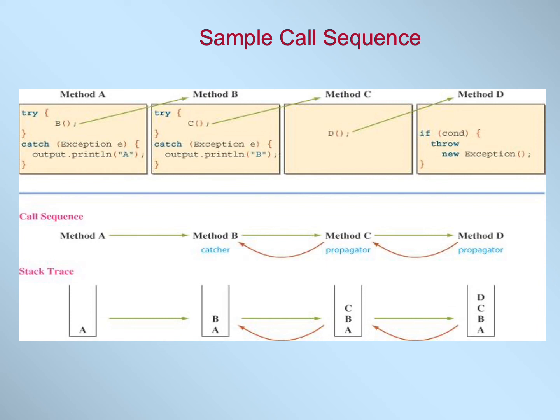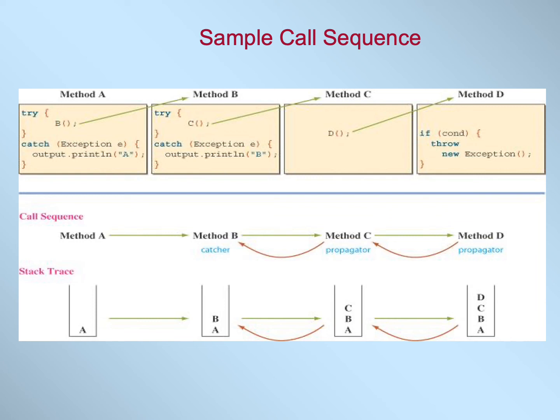So it propagates the exception back to whoever calls it, which is method C. Because method C does not deal with the exception, it propagates it back to the calling method, which is method B. And then in method B, we have the catch block. So it will catch the exception and print out the letter B, because method B is now the catcher.